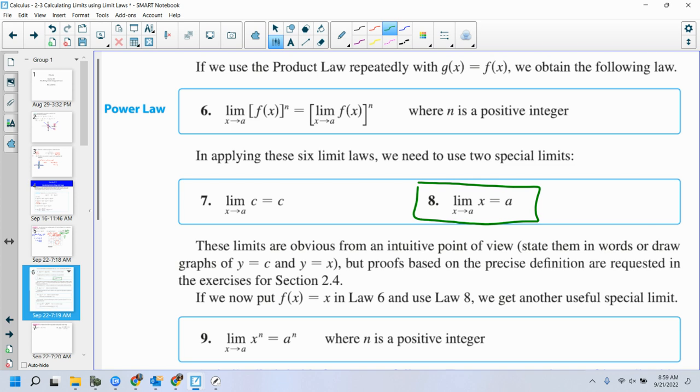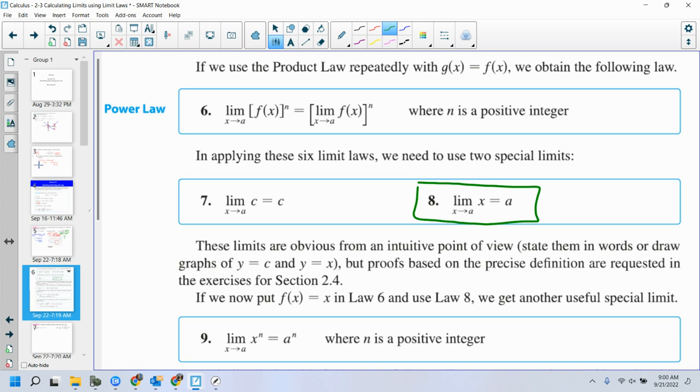Now, this one is a very important one here. The limit as x goes to a of x is a. Think about the diagonal line y equals x.